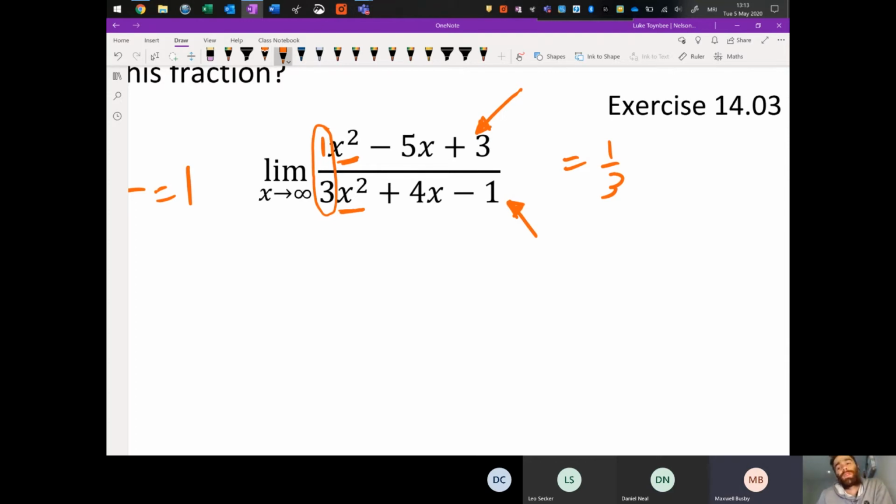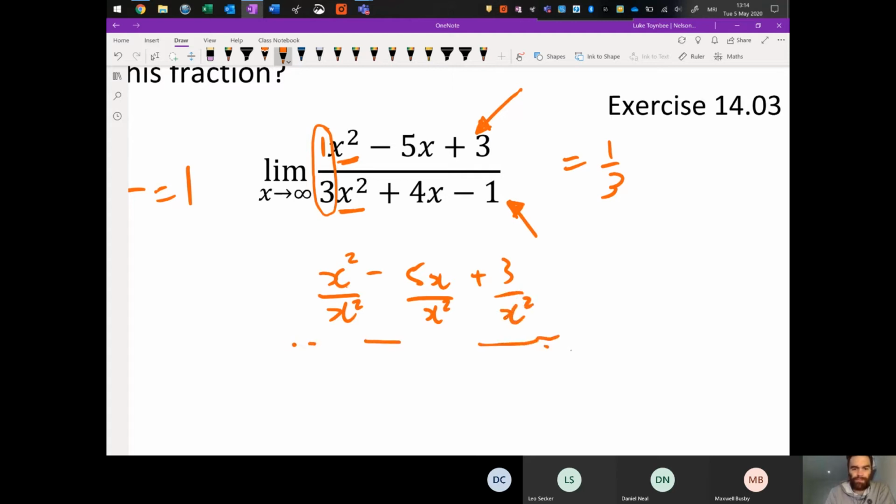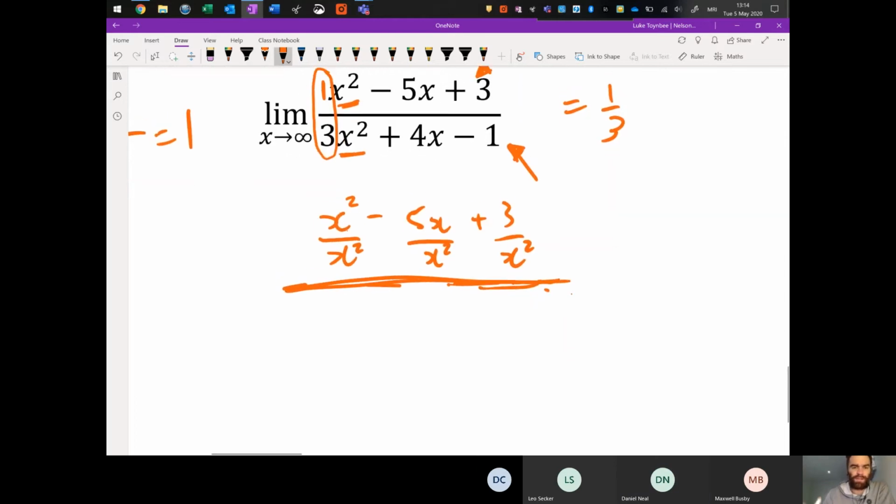I see. Yeah, that makes sense. Leo, Dimitri, did you make sense of that? It's quite a funky way of explaining it, but yeah, I got it. So mathematically what we're doing is we're actually dividing each of these terms by the biggest exponent of x.